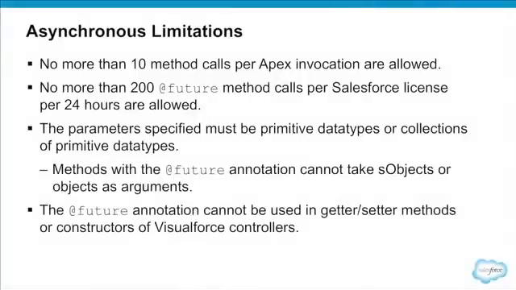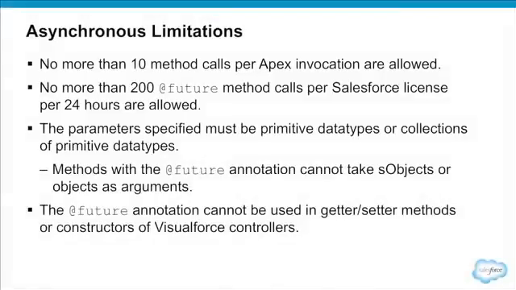You can do up to 10 asynchronous requests per transaction. Now, there's a limitation where you can do no more than 200 future calls per Salesforce license per 24 hours.